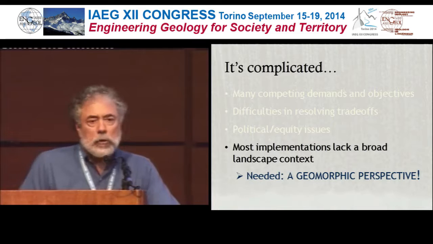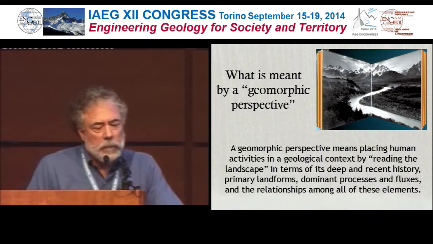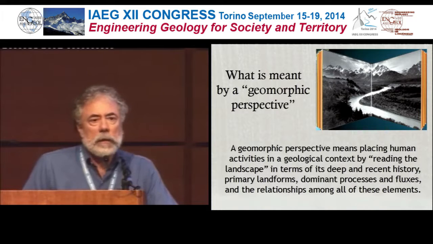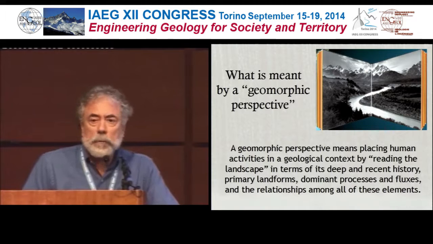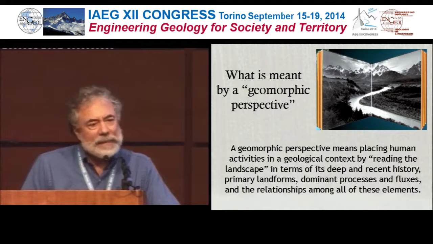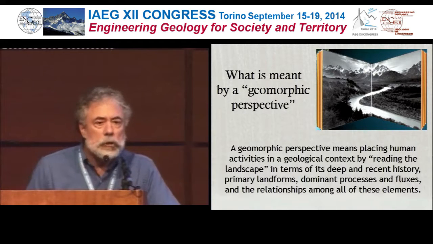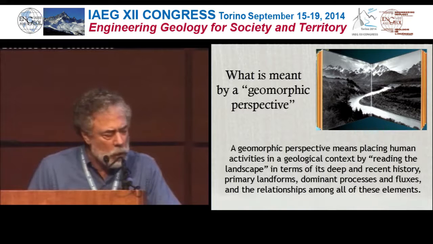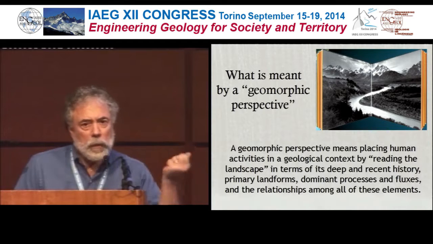What do I mean by a geomorphic perspective? Briefly, a geomorphic perspective places human activities within a geological context by reading the landscape in terms of both the deep and recent geological history, the dominant processes, the primary landforms, and the interactions among the history, the landforms, and the processes, all with an eye to providing guidance for human action.